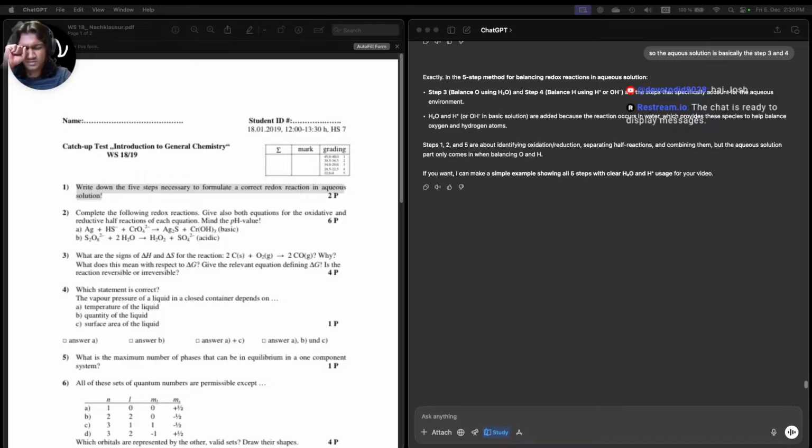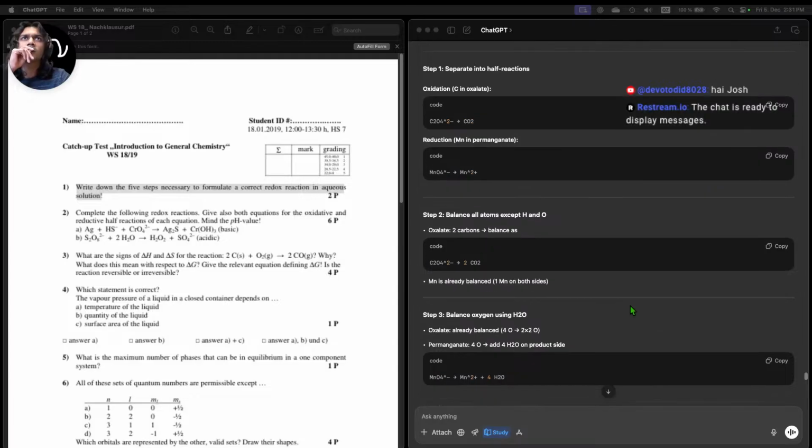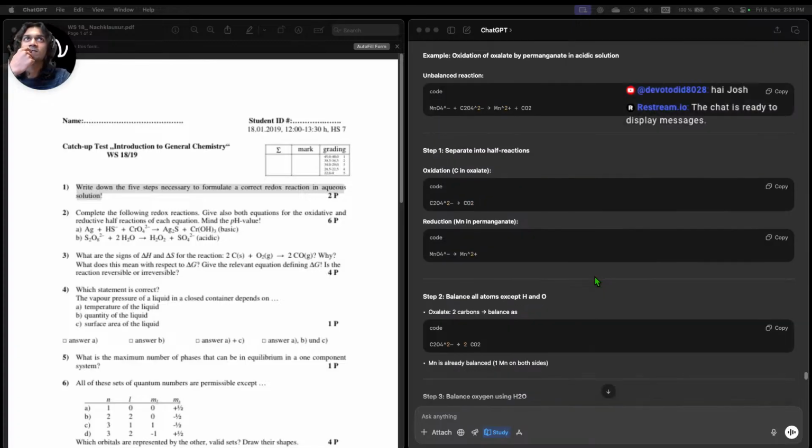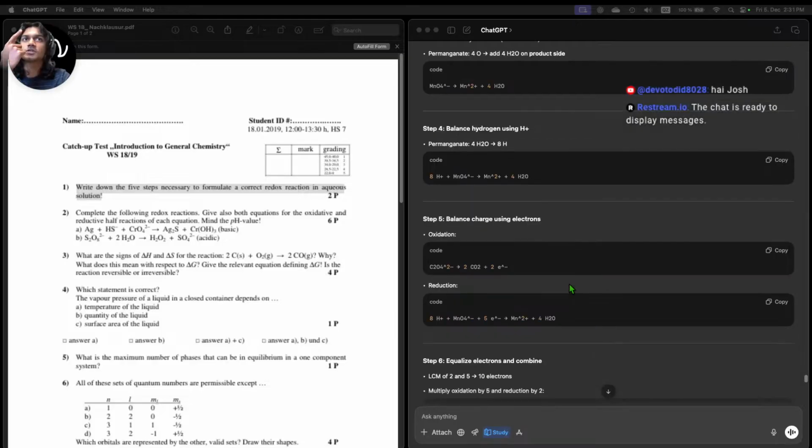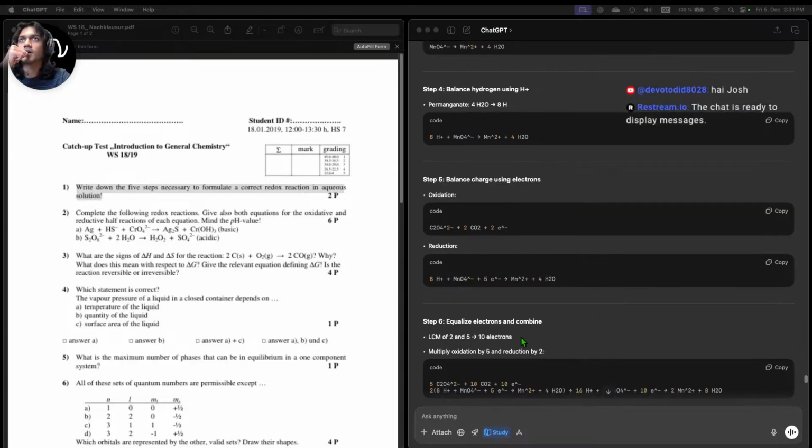What was step two? Think. I forgot. Balance all atoms. Oh, yeah. Balance charge using electrons, equalize electrons, and combine.